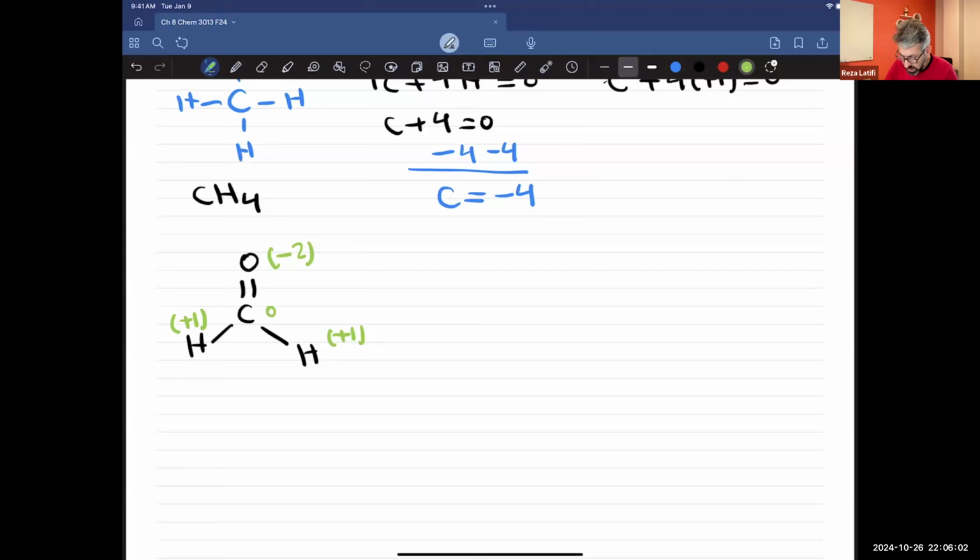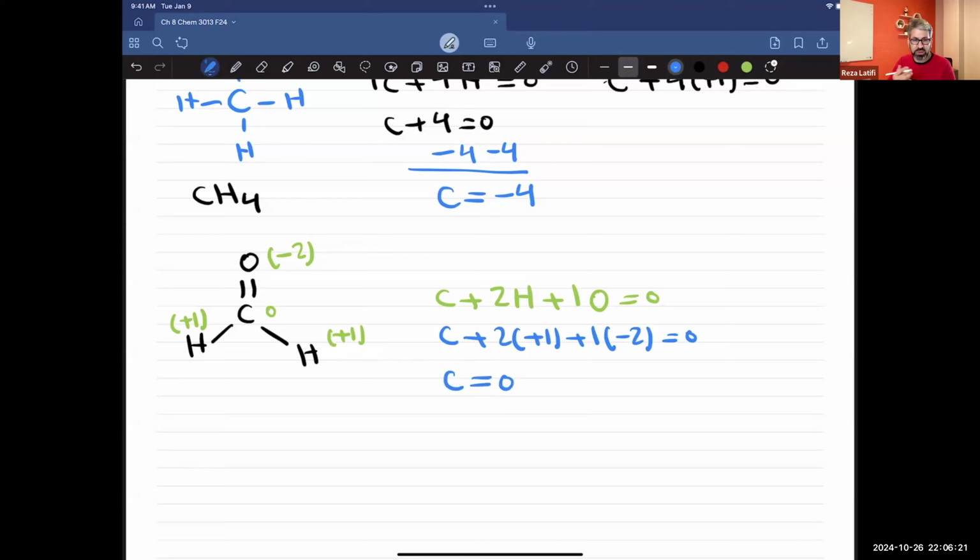Let's check it. We have carbon plus 2 hydrogens plus 1 oxygen equal to the charge, which is 0. Carbon plus 2 multiplied by +1 for hydrogen, and then 1 multiplied by -2 for oxygen, equals 0. So I get carbon equal to 0, and here you go, the oxidation number of carbon is 0.